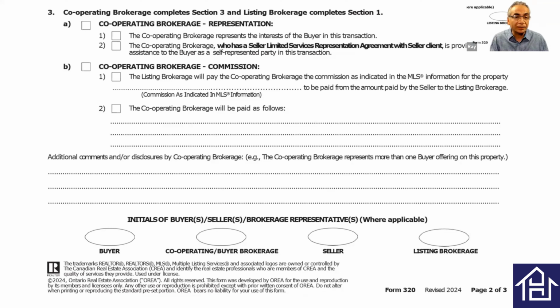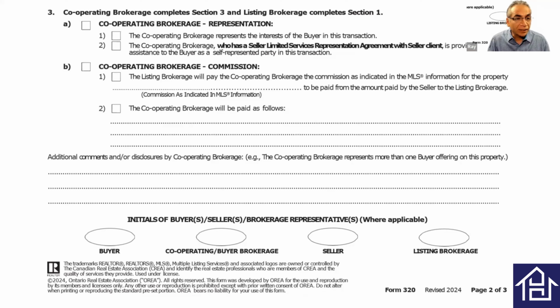Now, if you have someone that has a seller limited service agreement with you, then in that case, you would select number 2. Remember the case that we talked about, where the seller signed a limited service agreement with us to provide us with commission.